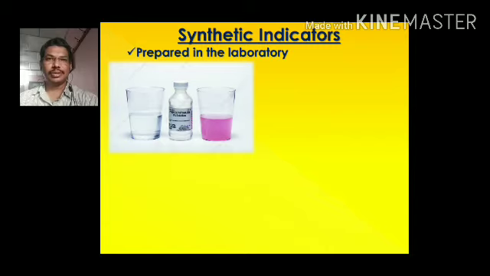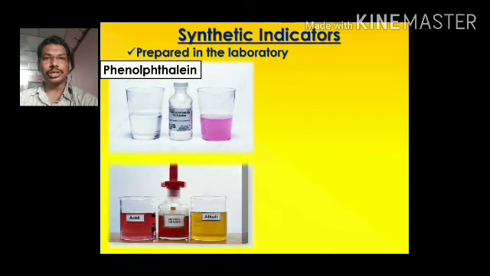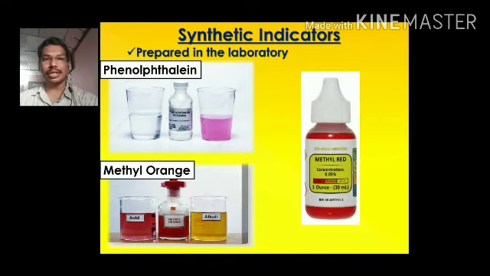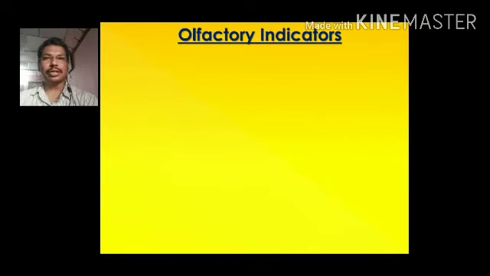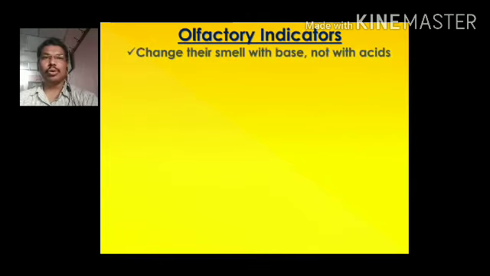Let us move on. Synthetic indicators are prepared in the laboratory. Examples: phenolphthalein indicator, methyl orange indicator and methyl red indicator. In these, phenolphthalein and methyl orange indicators are regularly used. Methyl red indicator is optional. Olfactory indicators tell us whether the compound is acidic or basic in nature by changing their smell.